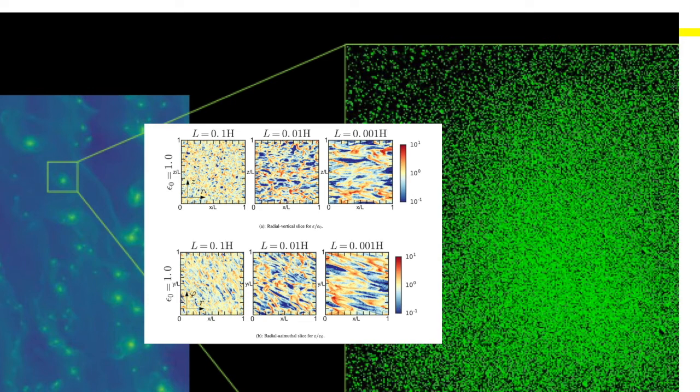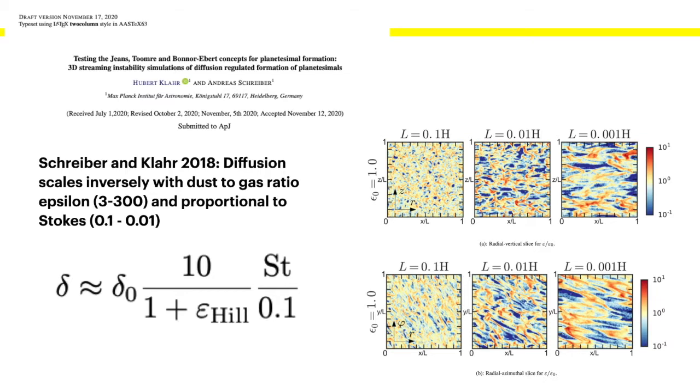And we found, for instance, that the diffusivity generated by the streaming instability scales proportional to delta, proportional to the Stokes number of your particles, and scales also with epsilon Hill. And epsilon Hill is the dust to gas ratio which you need in order to have your dust particles, the pebbles, at Hill density, so that tidal forces can no longer destroy your object.